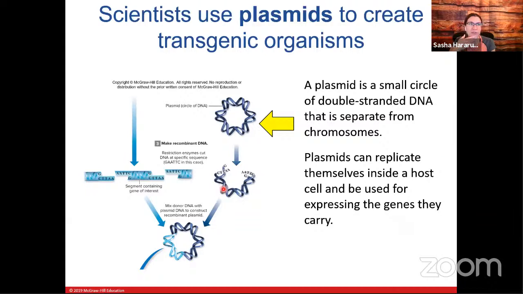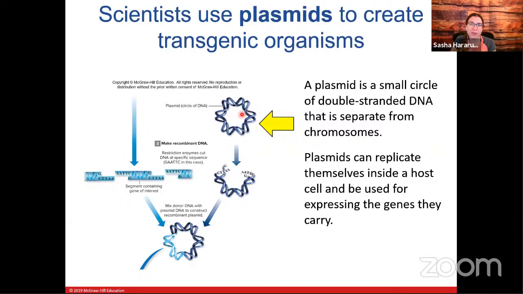So how is a transgenic organism created? What is going on there? Scientists use plasmids, which are small circles of double-stranded DNA. This is a plasmid here that is separate from chromosomes. So we have DNA in chromosomes, but there's also some circular DNA that floats around that is separate from the chromosome and does not form a chromosome.